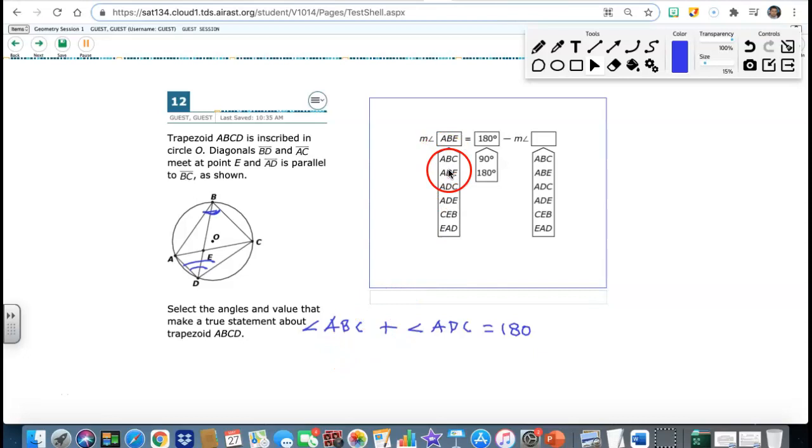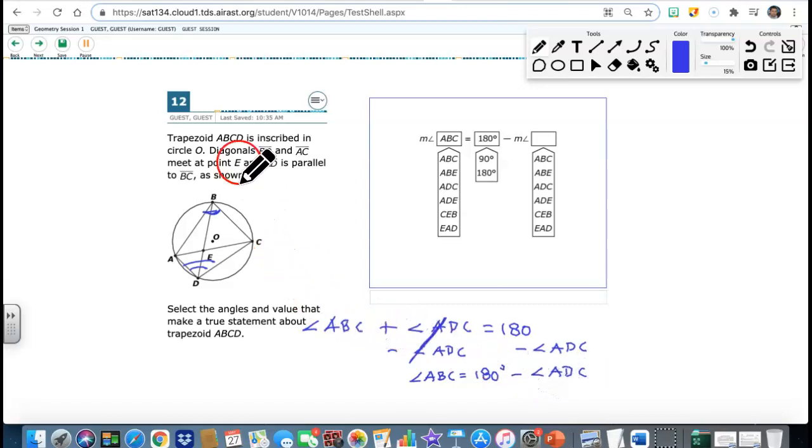So let's choose angle ABC. To have angle ABC by itself, I have to subtract angle ADC on both sides. Now this cancels out, and I have angle ABC equals 180 minus angle ADC.